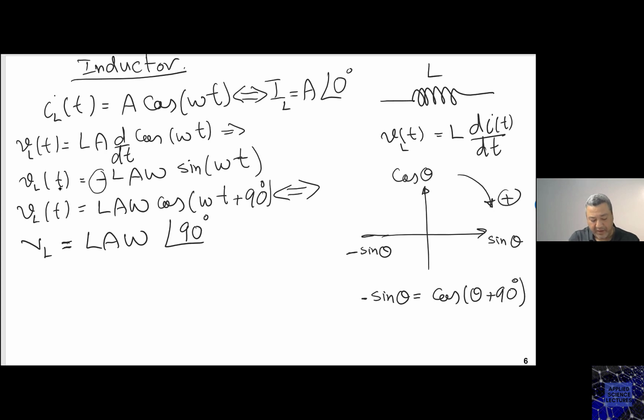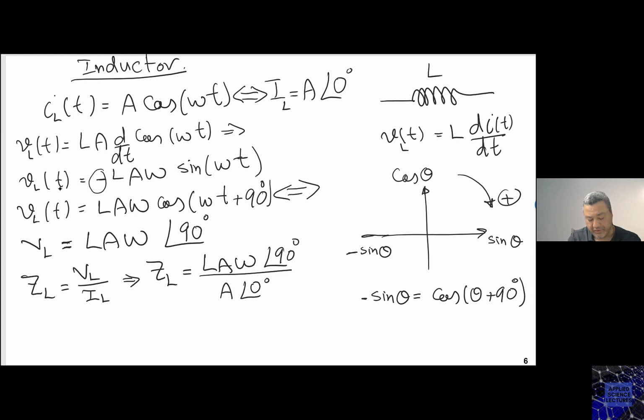Now again, if I introduce the impedance for the inductor, which is VL divided by IL, then the impedance would be L A omega at 90 degrees divided by A at 0 degrees.